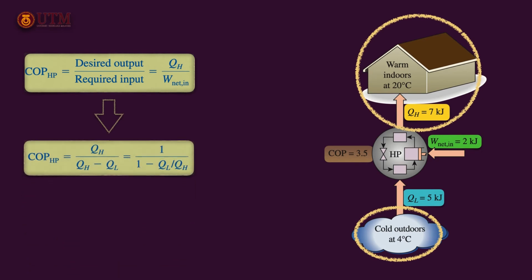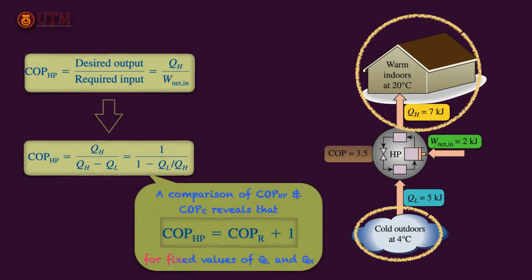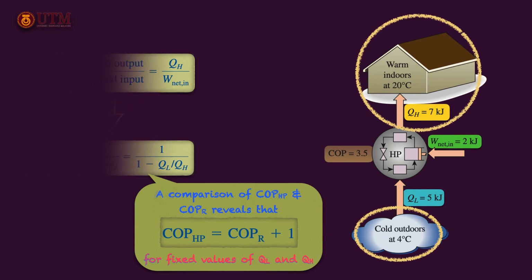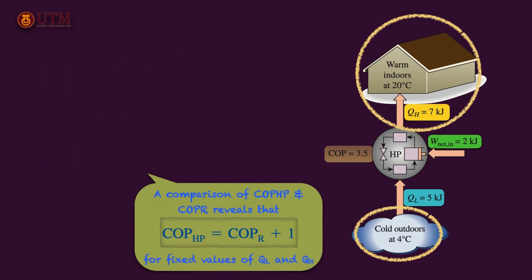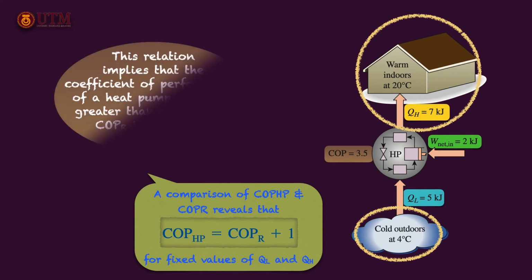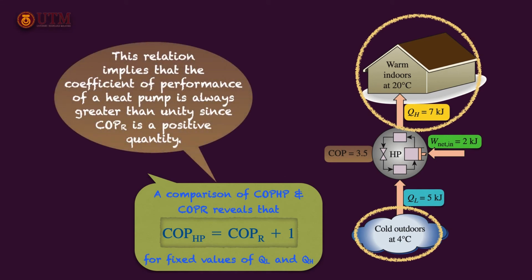The COP for a heat pump and COP for a refrigerator can be linked through the following formulation. This relation implies that the coefficient of performance of a heat pump is always greater than unity since COP refrigerator is a positive quantity.